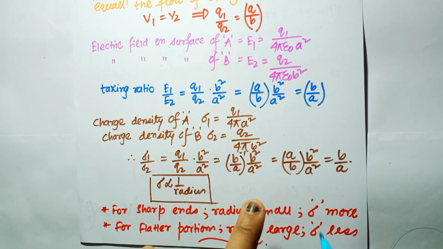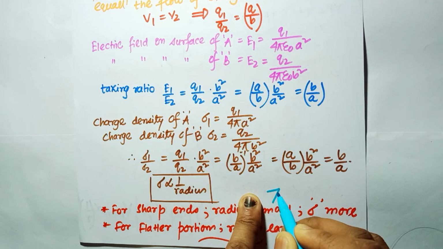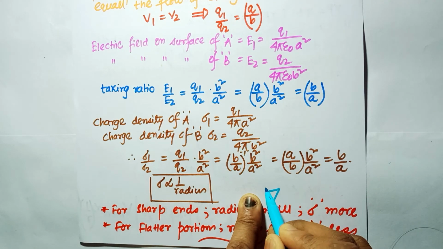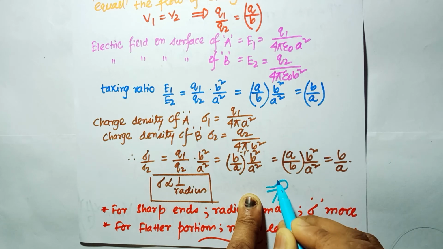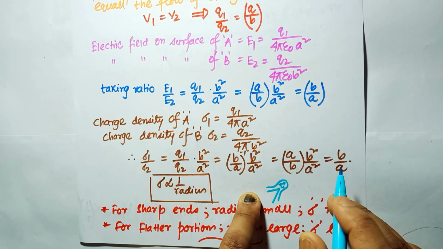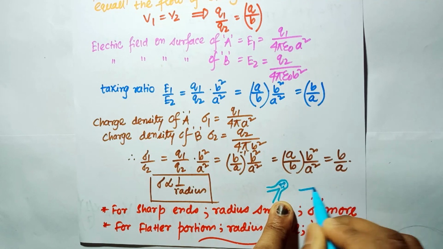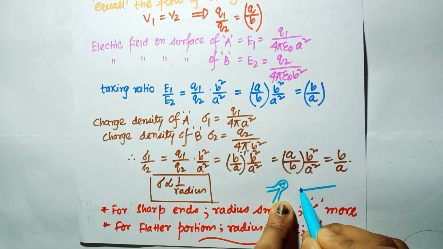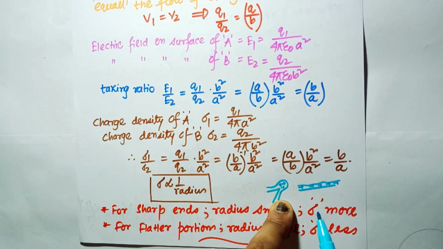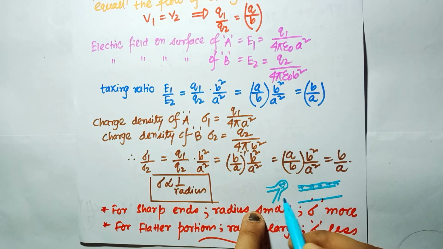Suppose this is the sharp end; you can see from the diagram that the charge will get accumulated here, and for the flatter one there will be no accumulation of charges. It will be evenly distributed. This is the flat surface and this is the sharp end.